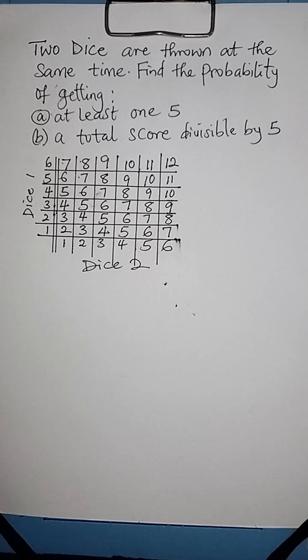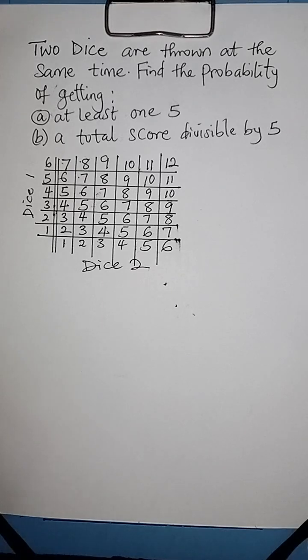Now I can find the answer to my question. So what is the answer to question A? Find the probability of getting at least one 5. So what do I need to do to get a 5?